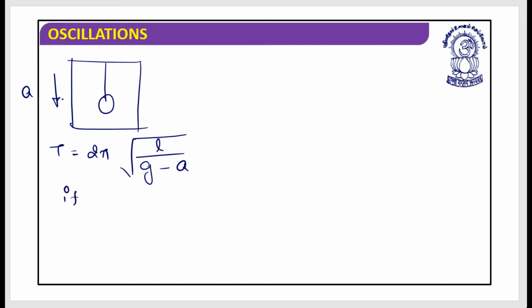Now if this is the condition that it is moving in the downward direction with acceleration a equals g, then what would be the time period?